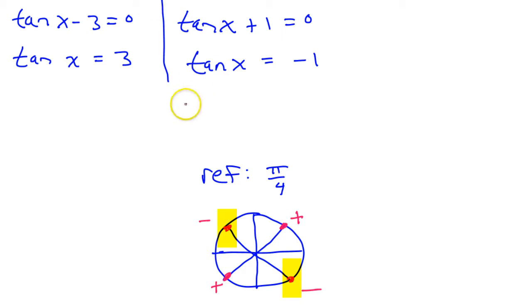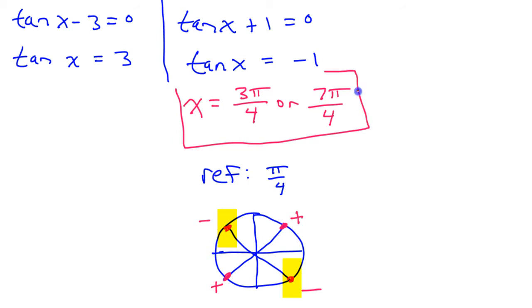So great, we have 2 solutions so far. X is equal to 3 pi over 4 or 7 pi over 4. So from this equation we get these 2 solutions.